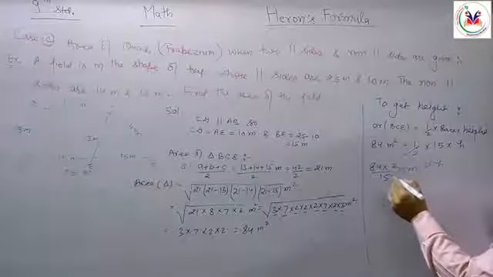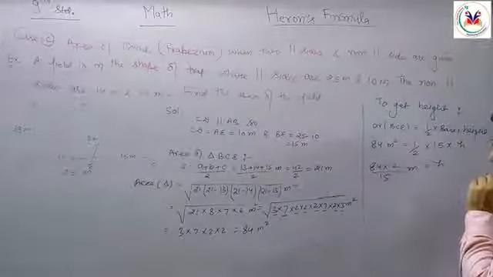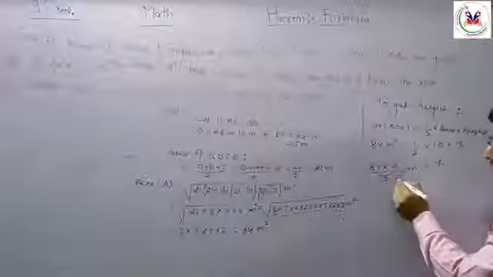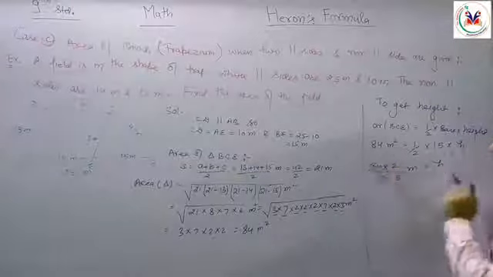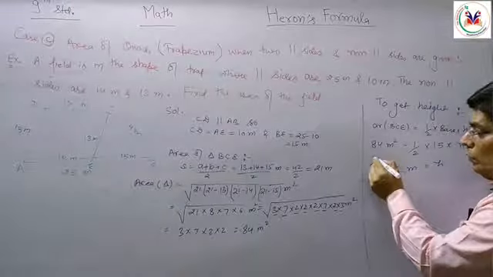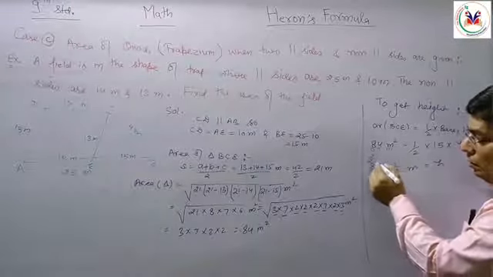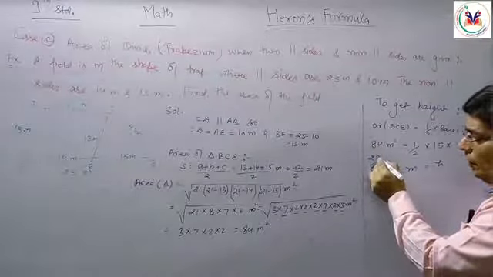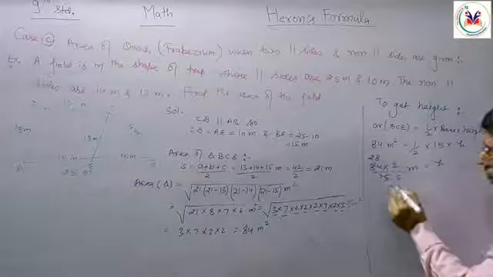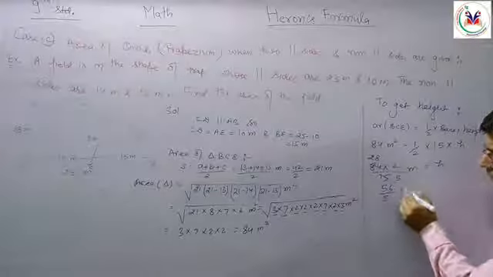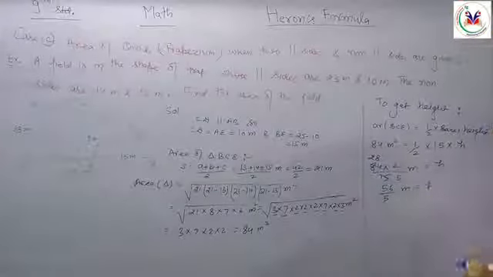So how can we calculate? 5 threes are 15, and now 3 twos are 6, 3 eights are 24, so that will be 56 upon 5 meter, that will be height. Is that clear?